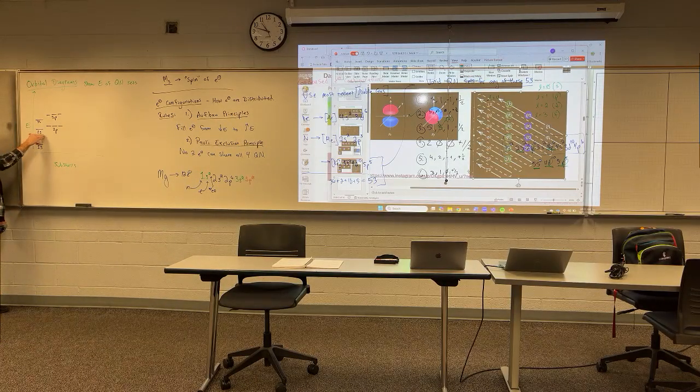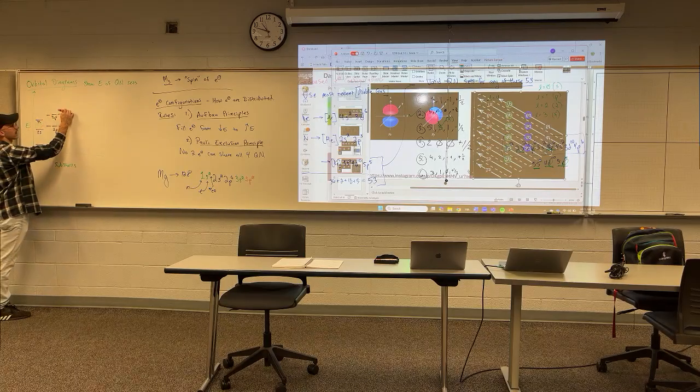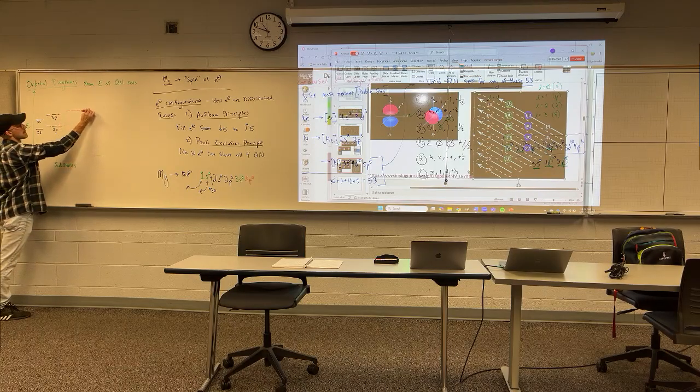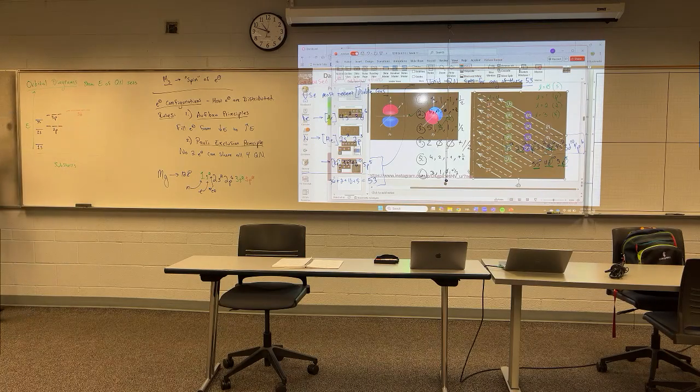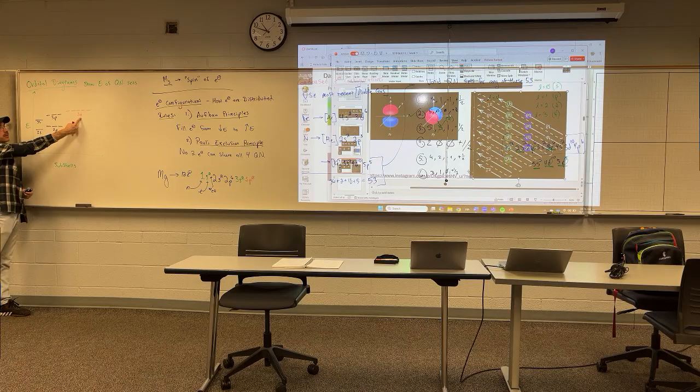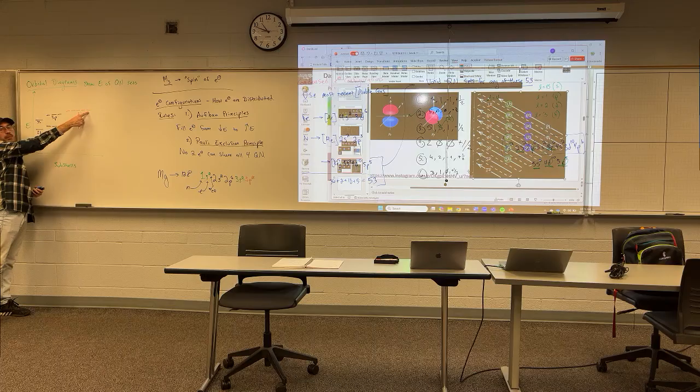Each shell introduces a new subshell type, 3d, which has 5 individual orbitals. L equals 2, m sub L equals -2, -1, 0, +1, +2.